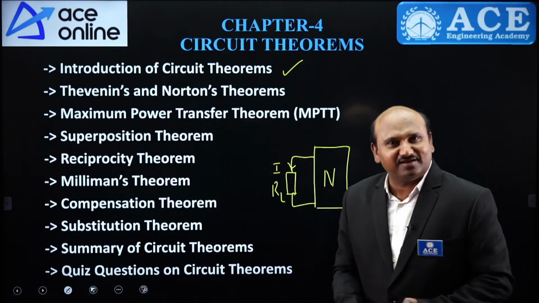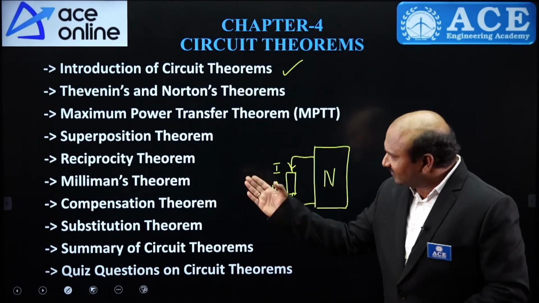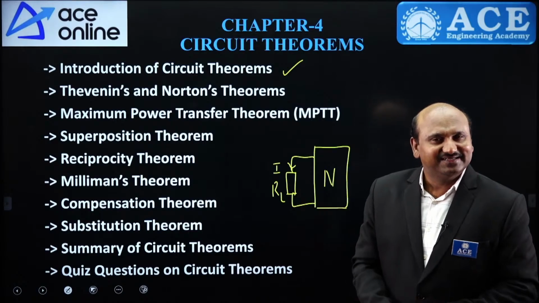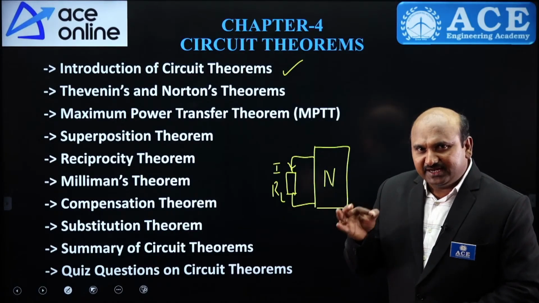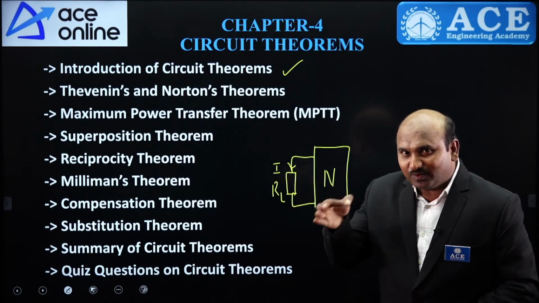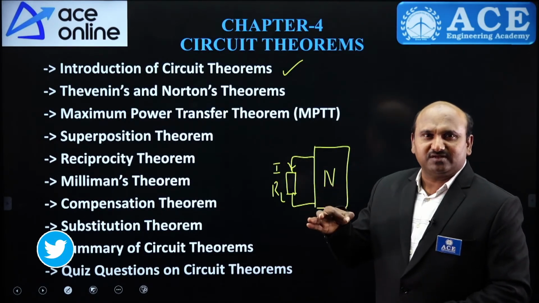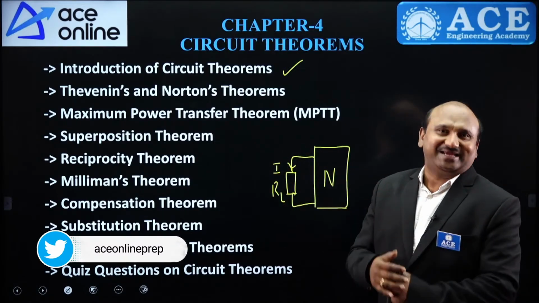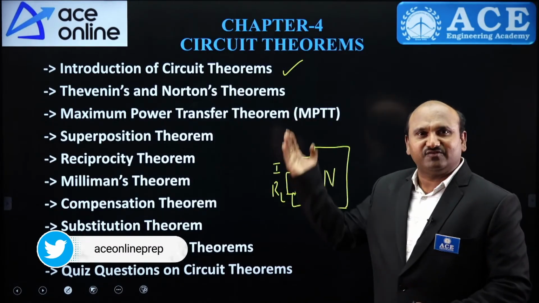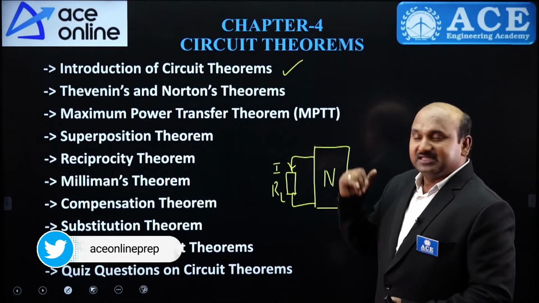Usually we go for Thevenin's or Norton's theorem, or otherwise the superposition theorem. That means we need to get a single branch response. The question should ask for a single branch response, even if the network is complicated. Then we can use the circuit theorems.